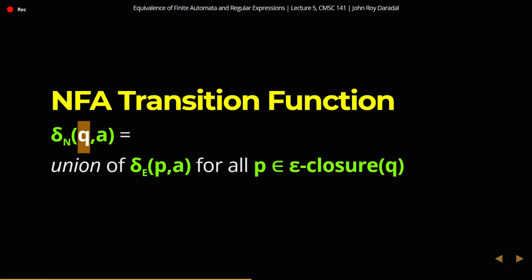It's the set of states that are reachable from that state using only epsilon transitions, right? So we'll compute the epsilon closure of the state Q first, and for all the states in this epsilon closure, we will take the delta of that state and an input symbol, and then we'll take the union of all of them. Okay, so if that doesn't make sense, we'll see this one in an example later, and hopefully it will be clear then.